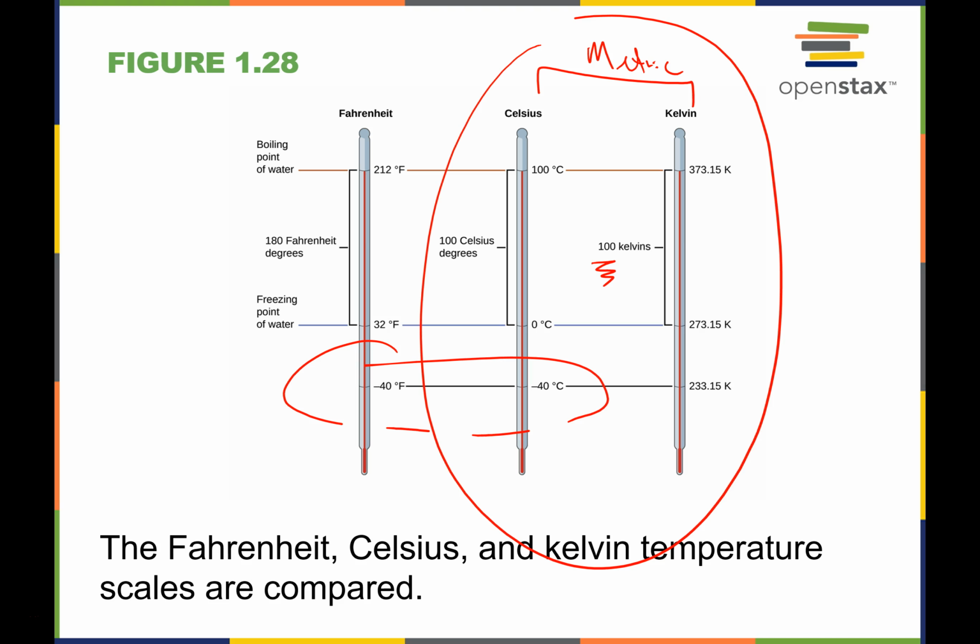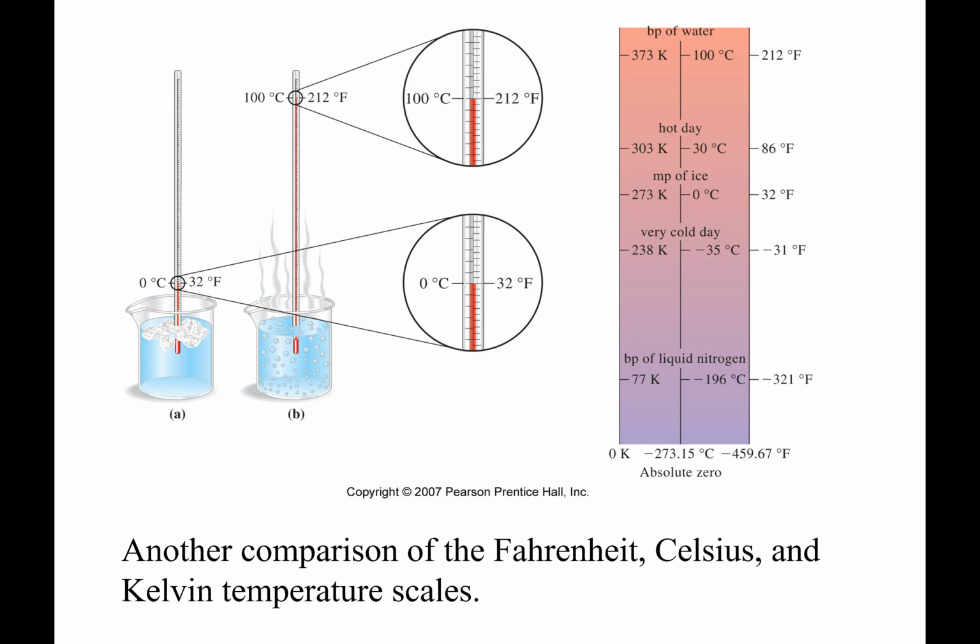I need to change that up, especially when we start dealing with gases. The temperature scale we're going to use is the other metric. Not Celsius, but we need to talk about the Kelvin temperature scale to work problems. So I want to pick these apart, talking about scales. But before I do that, here's another comparison.